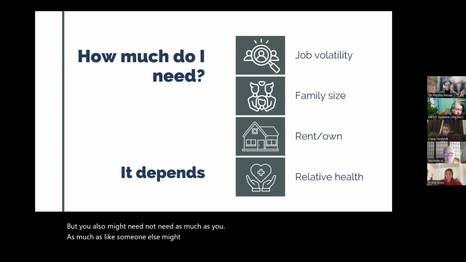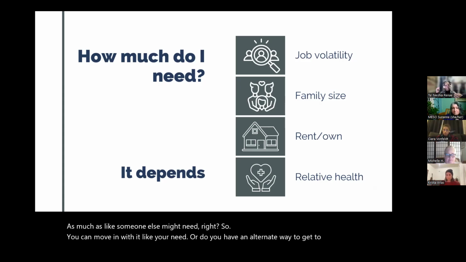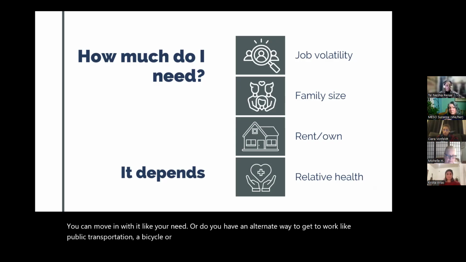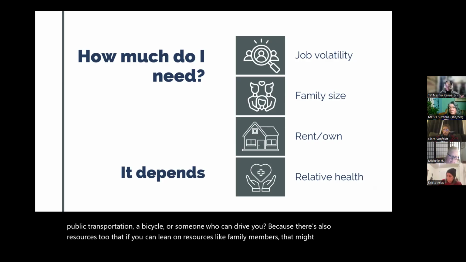Do you have an alternate way to get to work, like public transportation, a bicycle, or someone who can drive you? Because there's also resources too, if you can lean on family members that might be able to help you, that's also good.